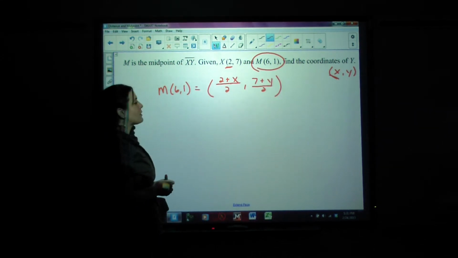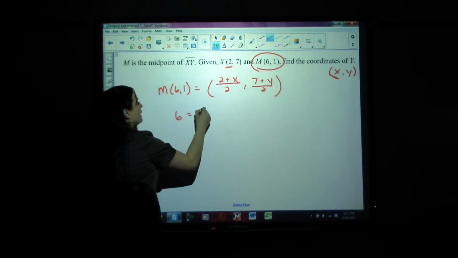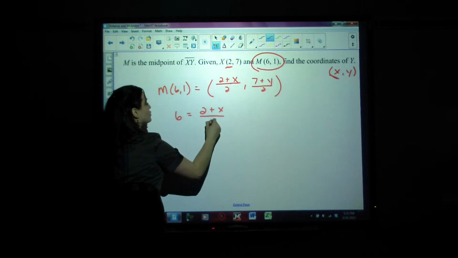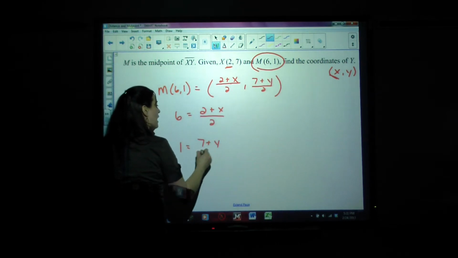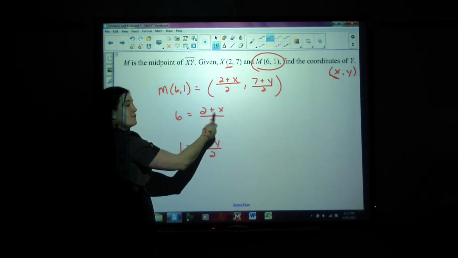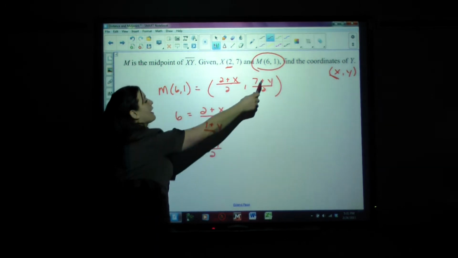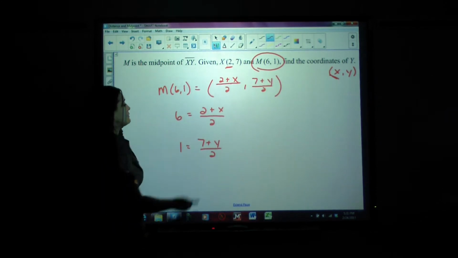Well, how do I figure out where that point is? Let's split it up. I know 6 is going to be at 2 plus x over 2, and I know 1 is going to be at 7 plus y over 2. I know that when the average of the x's is found, it's going to give me 6, and the average of the y's is going to give me 1. So that's what I need to simplify here.